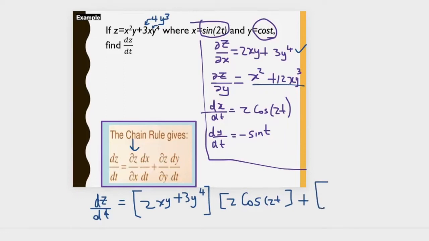So I will have x squared plus 12xy cubed, and then I will have the derivative of y with respect to t, that's minus sine t.